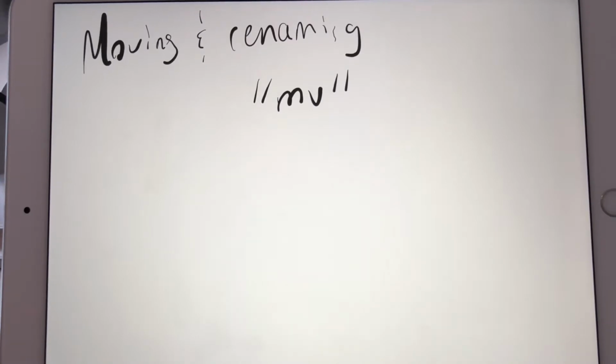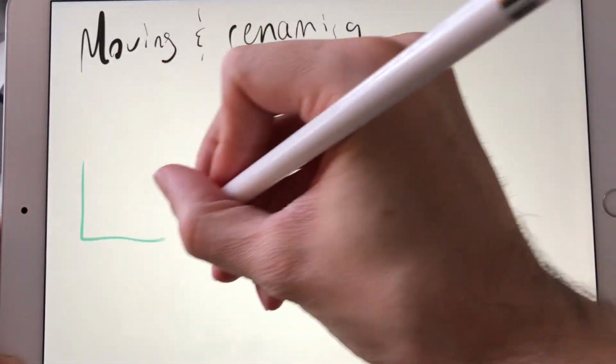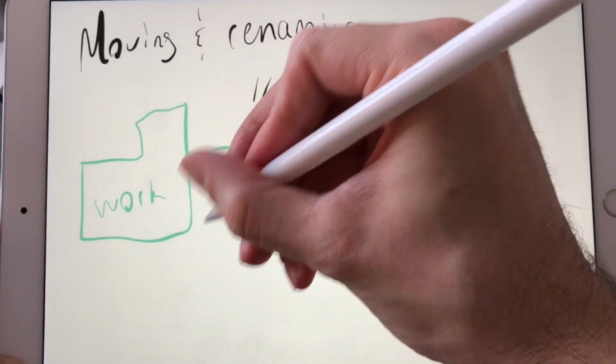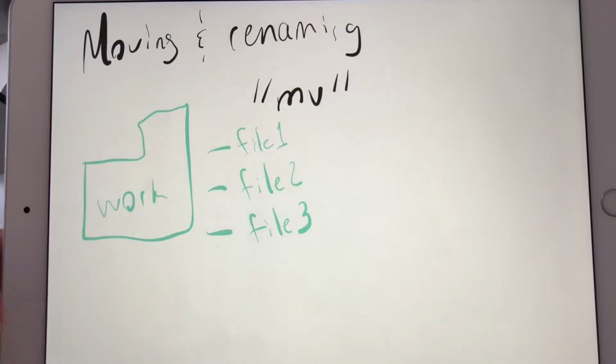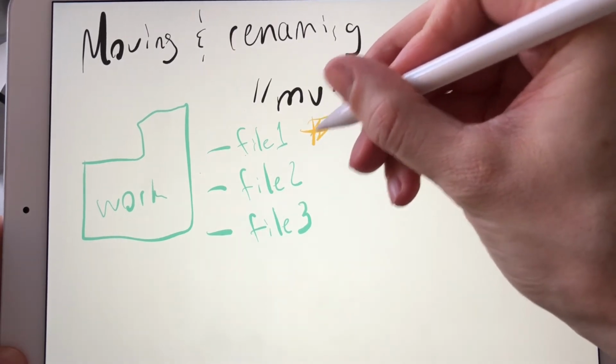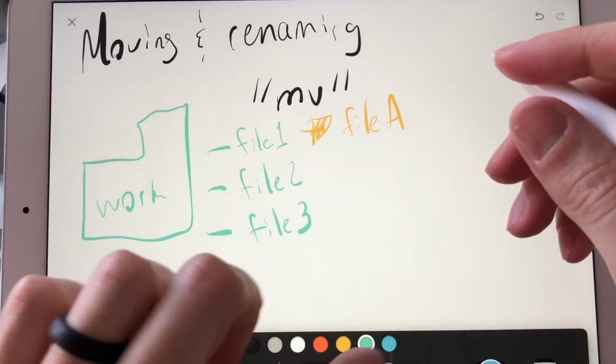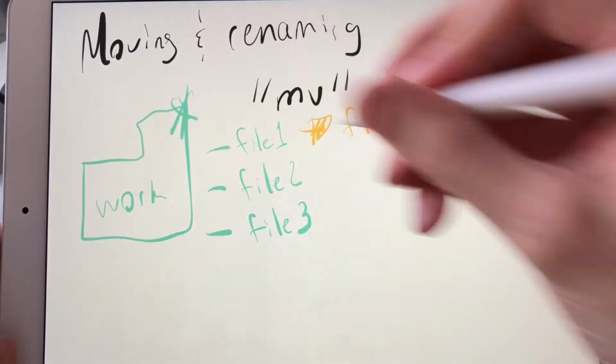mv allows you to take one folder or file and rename it. If we are inside of work, and work has 3 files, and we wanted to rename file 1 to file A. So our goal outcome is we want this to be file A. And this is our current working directory.